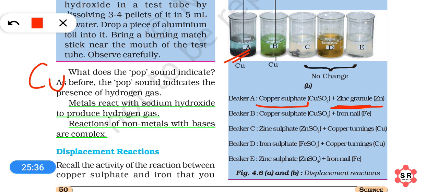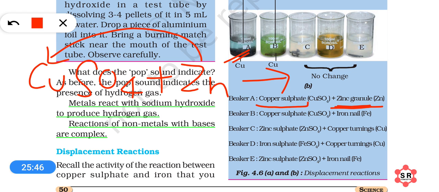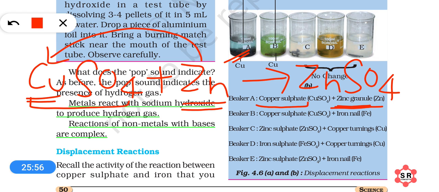Copper sulfate, that is CuSO4, is reacting with zinc, and zinc is more reactive than copper, so it forms ZnSO4, that is zinc sulfate. Because zinc is more reactive, it has displaced copper from copper sulfate and fit itself in its place. So ZnSO4 has been formed, and the copper which was displaced comes out in the form of elemental copper.